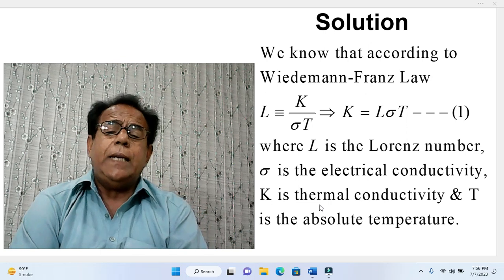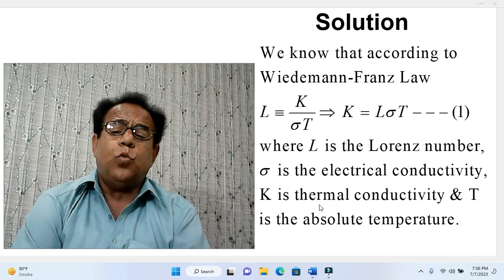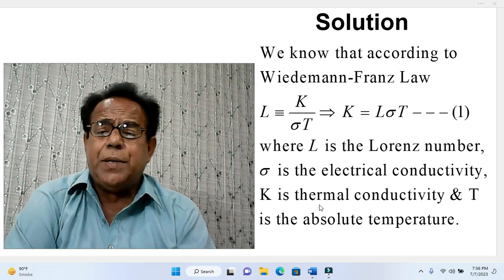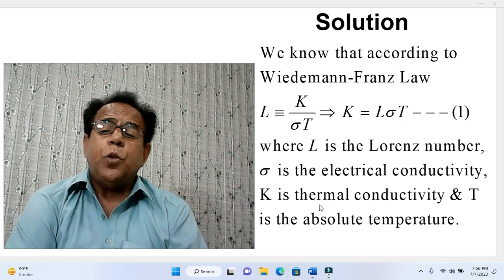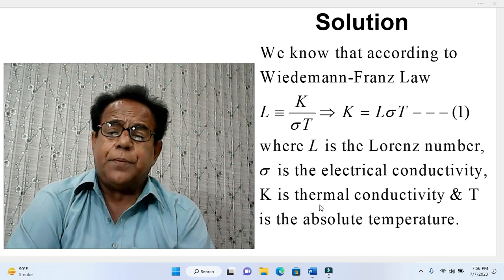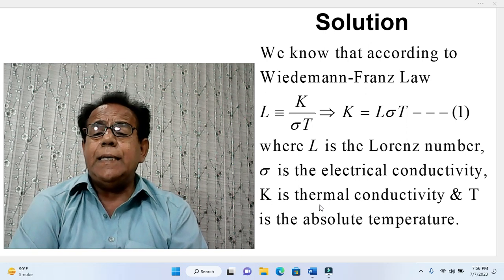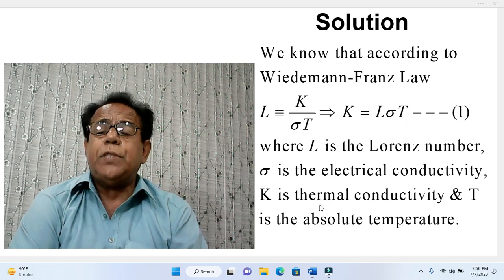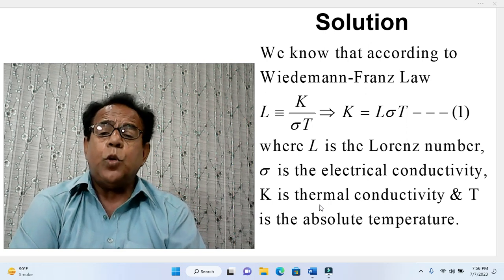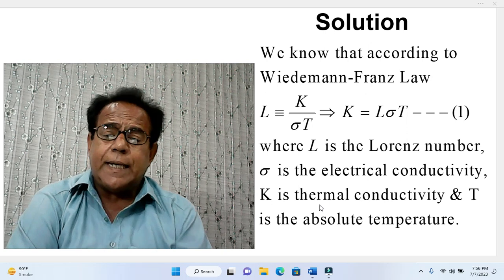So L is defined as K over rho T. This implies that K becomes equal to L into rho into capital T. This is equation number 1, where capital L is the Lorentz number, which we have mentioned above in helping tools. Rho is the electrical conductivity.